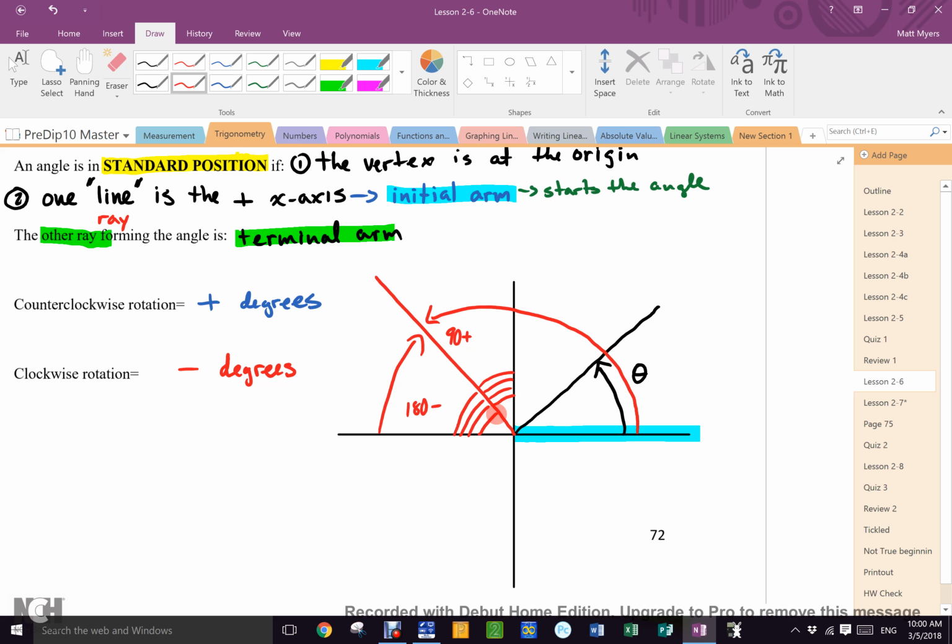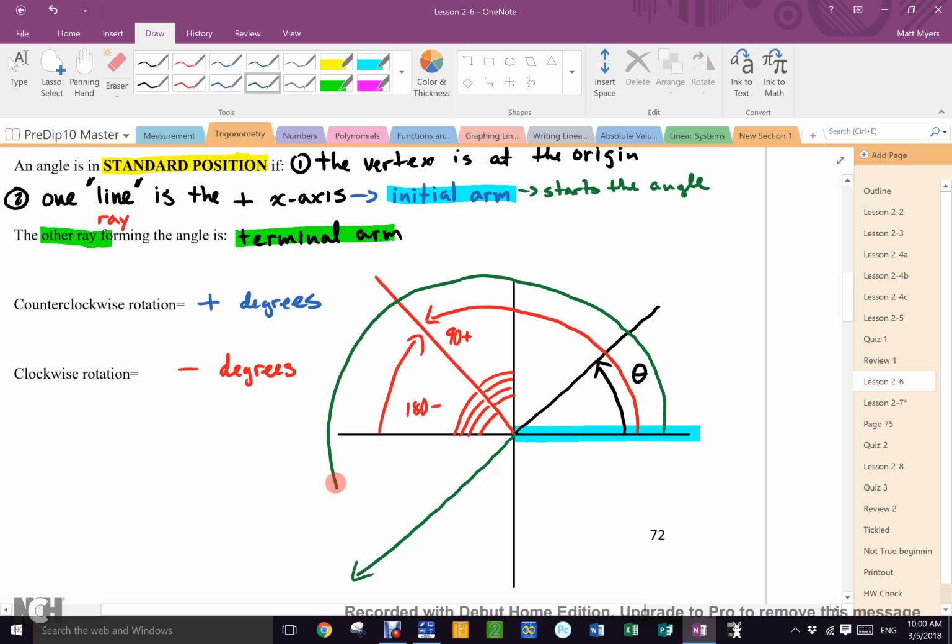Yeah? All right. Now I'm going to make a green line into quadrant 3. Where's theta start? Still starts at the initial one. Now it goes where? All the way around, which means, what is it to here? What is it to this line? 180.